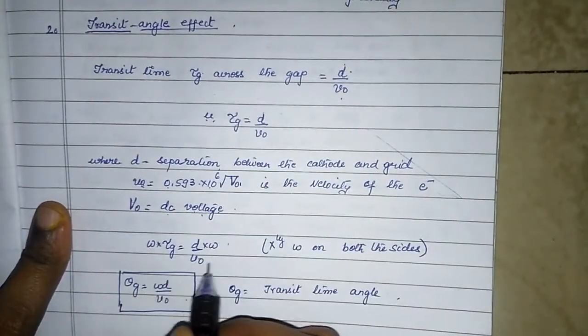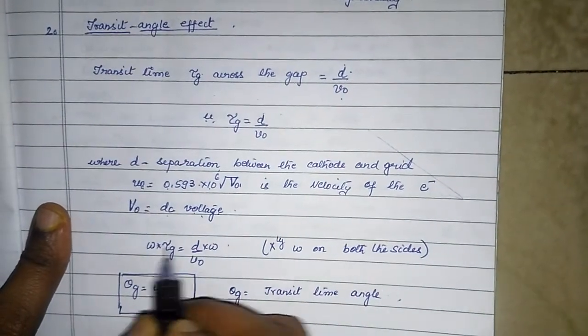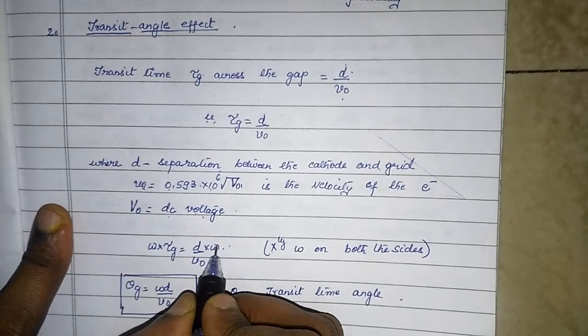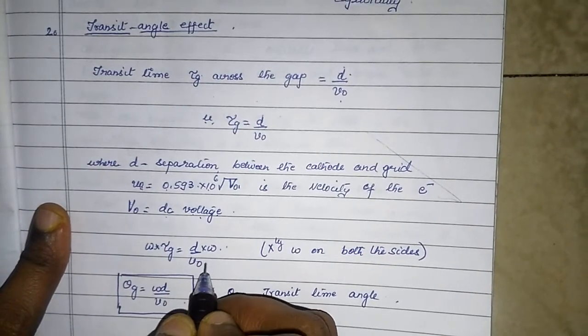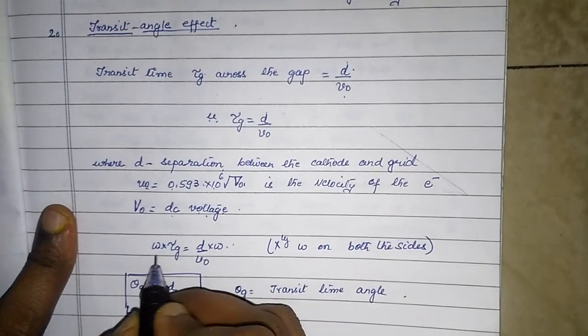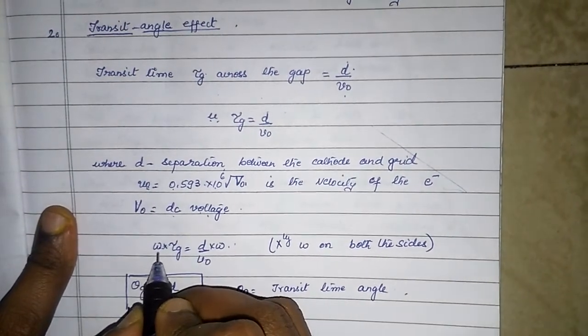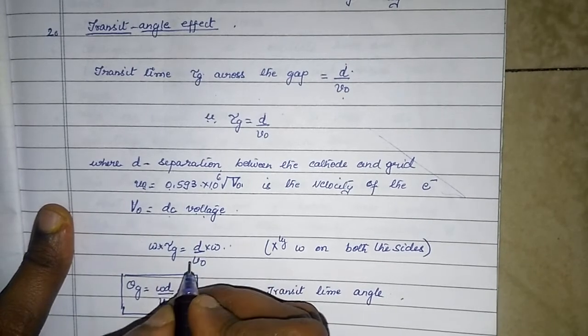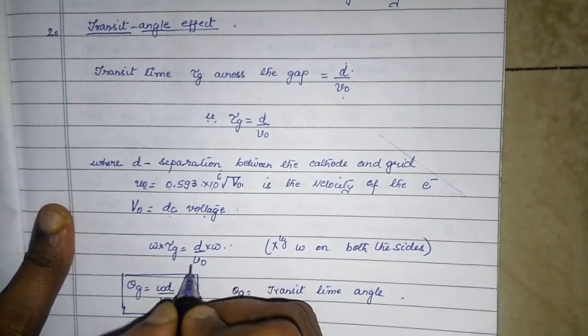So you have this equation. I have taken down this equation multiplied by omega on both sides. Why do we need to multiply by omega on both sides? We are talking about the behavior of a vacuum tube at high frequency, and omega is a quantity which, if included into the expression, will give us an analysis of how this happens at high frequencies.